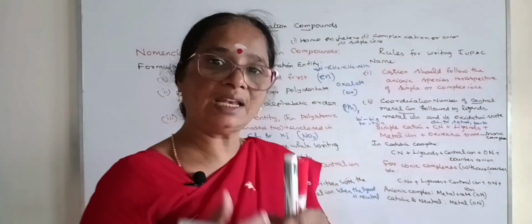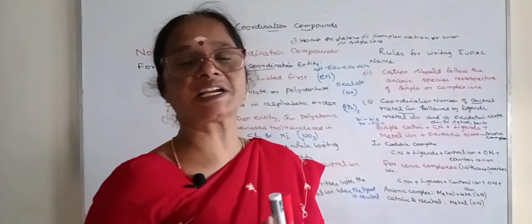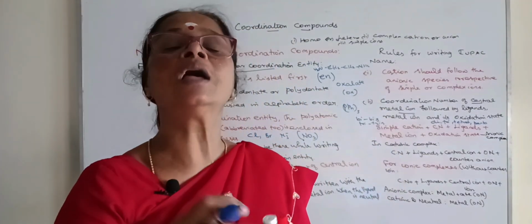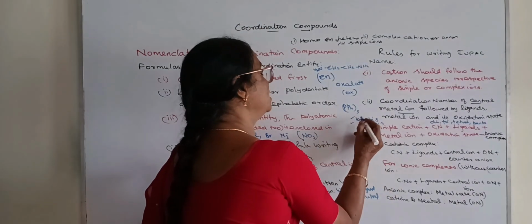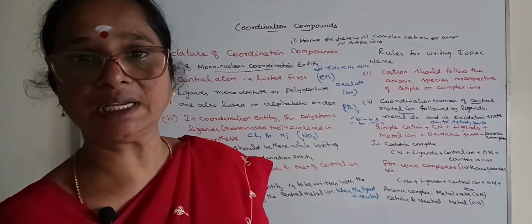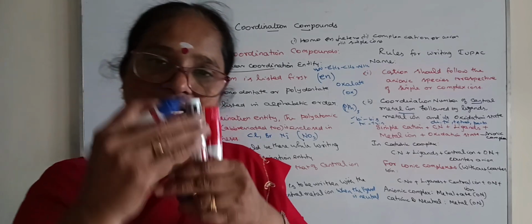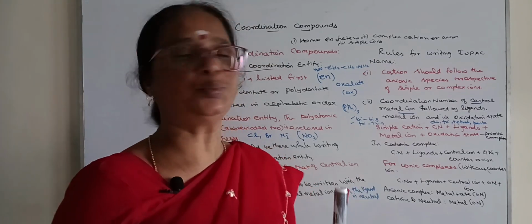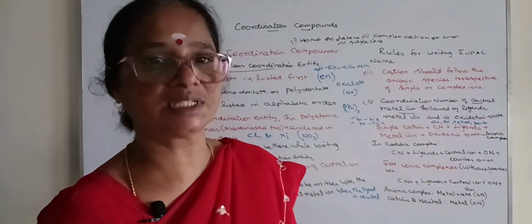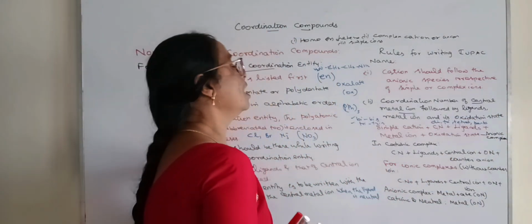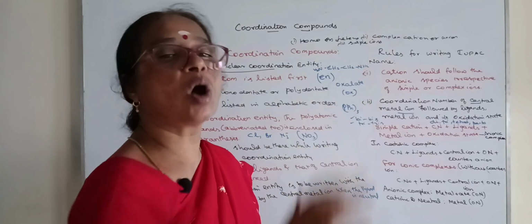So when the ligand as well as the coordination number has a numeral, the coordination number is to be termed as bis, tris, tetrakis, pentakis like that. If the ligand doesn't have any such position, we use these numeral prefixes.